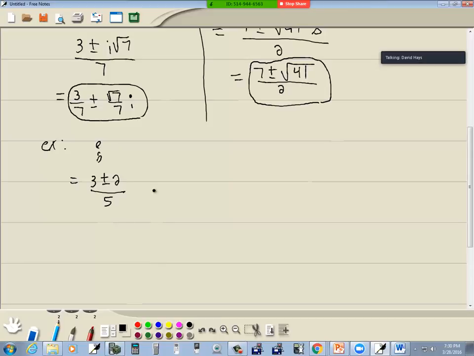And we come up with this. The square root has disappeared completely. Well, at this point, what that plus or minus means is you're going to have 3 plus 2 over 5, and you'll have 3 minus 2 over 5, which then gives us 5 over 5, or 1, and 3 minus 2 is 1, so we'll have 1 over 5. And those will be our two answers. So again, we do not want to leave it as a single fraction in that case if the square root disappears.